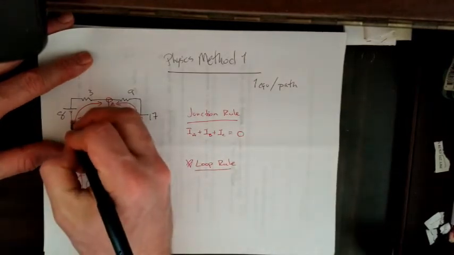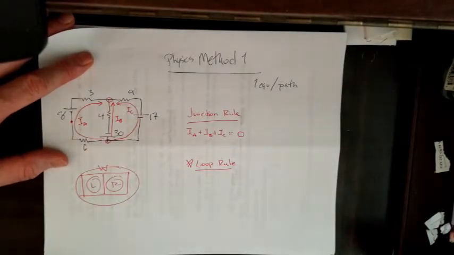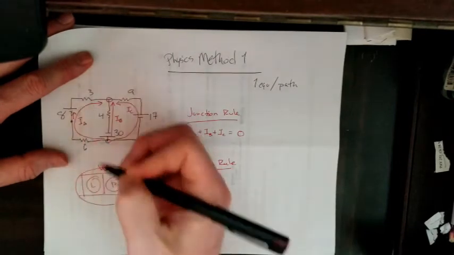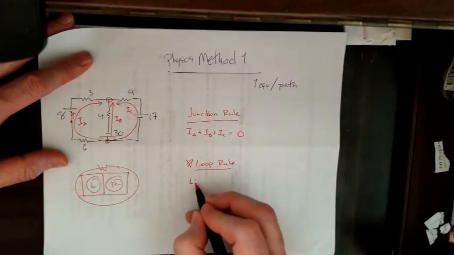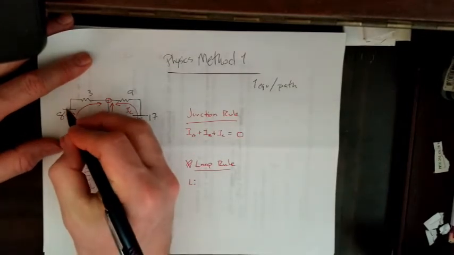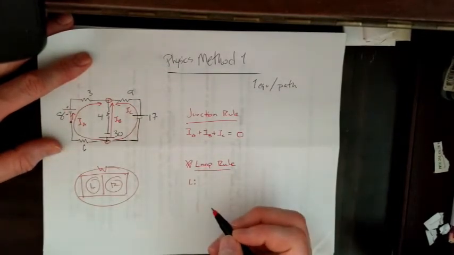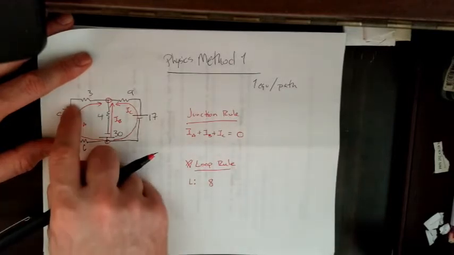I am going to start here, and just my own personal preference, I like the first number to be positive, so I'm going to go this way. I'm going to do the left loop here. I start with the left loop and go across that, from the negative side to the positive side, and so it is positive 8, I gain potential.